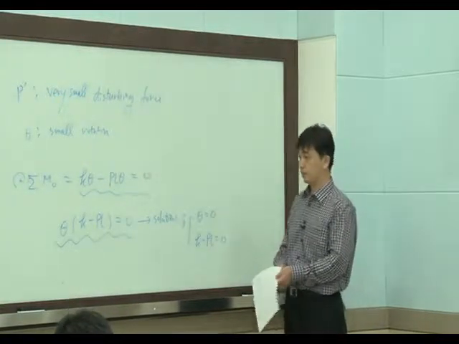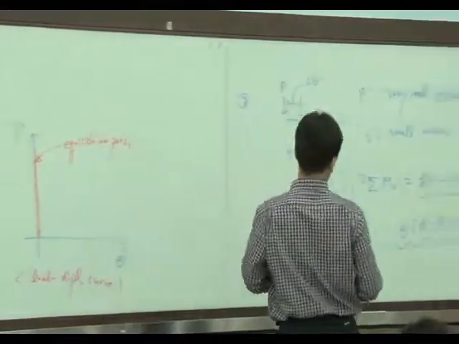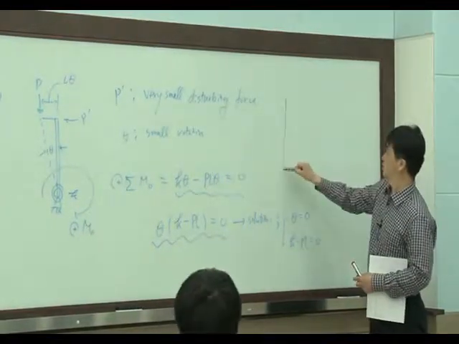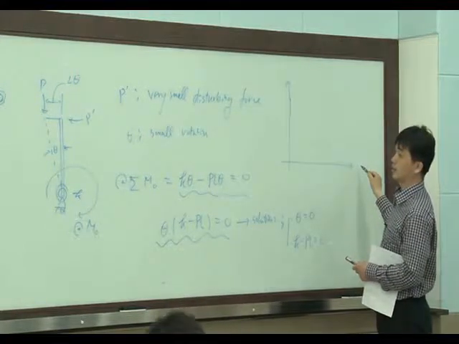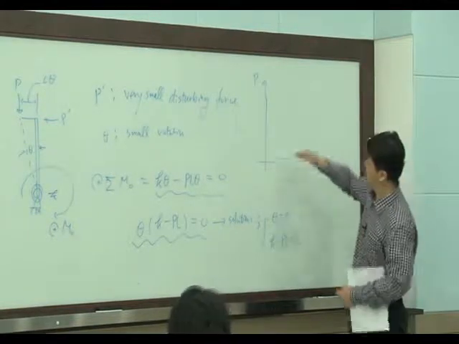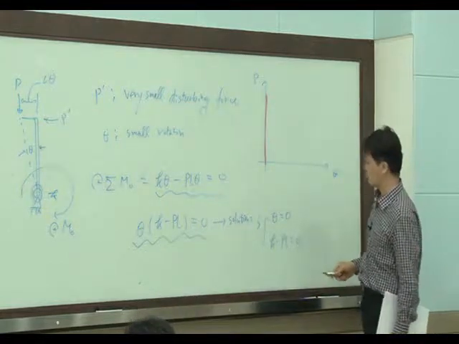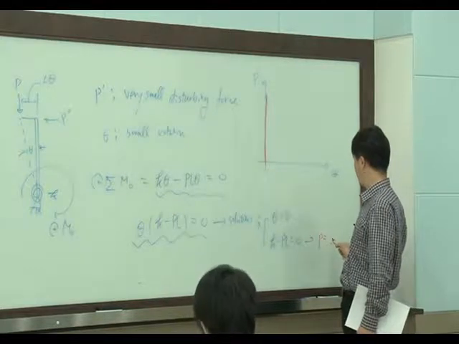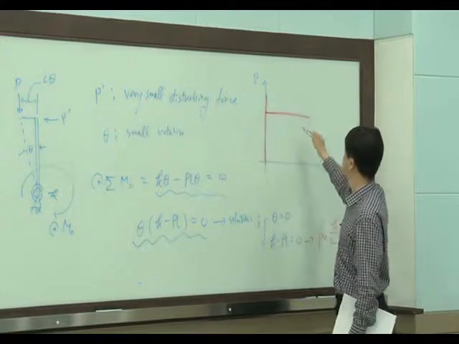So if I plot both solutions here, theta and P. The first solution is this one, just this one, right? This is the first solution. How about the second solution? The second solution means P equals K over L. So the second solution is this.